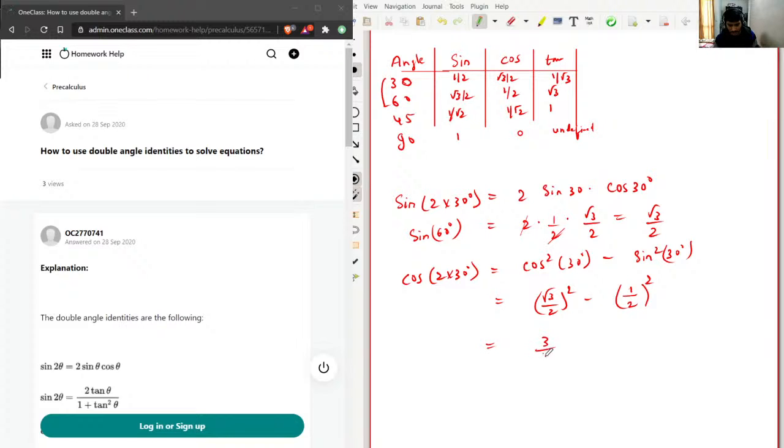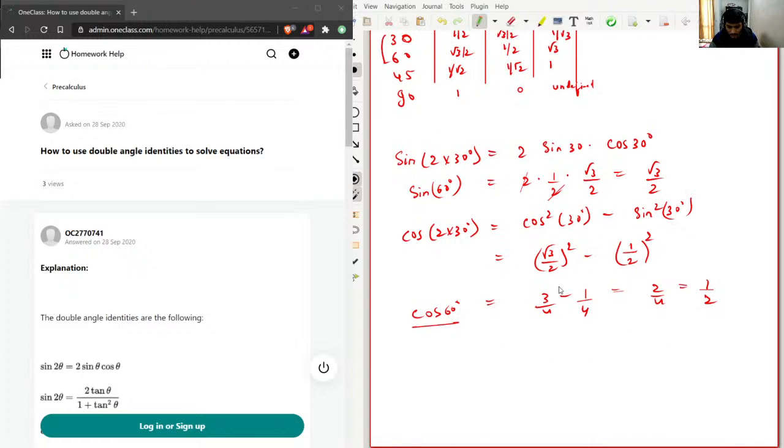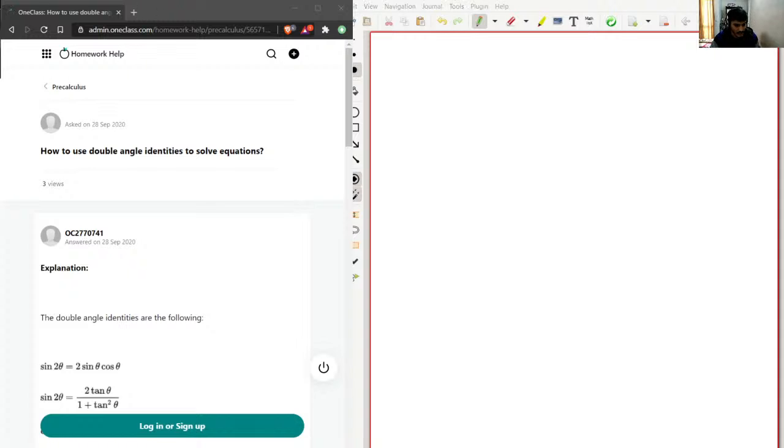This will be 3 over 4 minus 1 over 4, which is 2 over 4, 1 over 2. And yeah, cosine 60 is 1 over 2. In the same way, we can use the other two formulas also. I'll not use them right now because that is again going to give me 1 over 2 only.